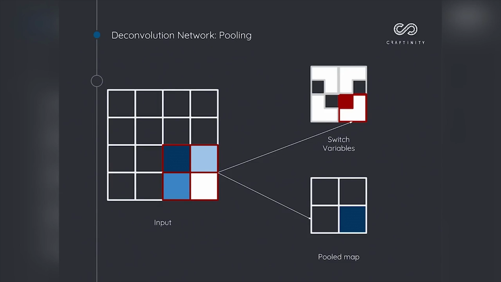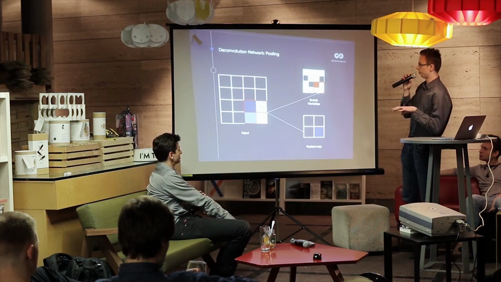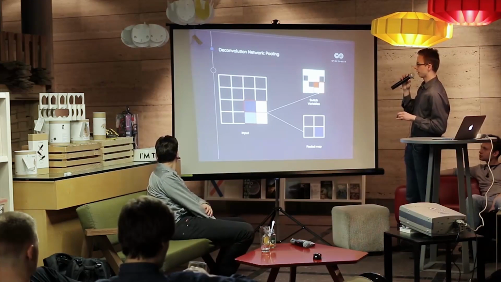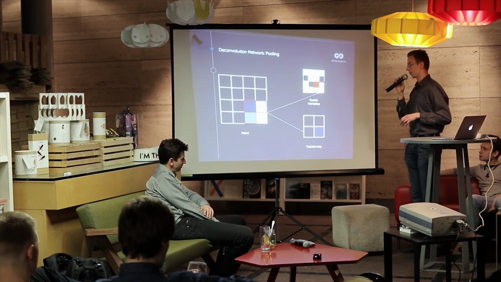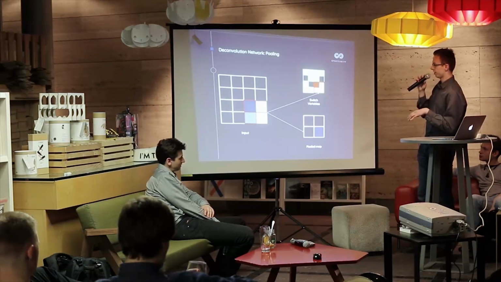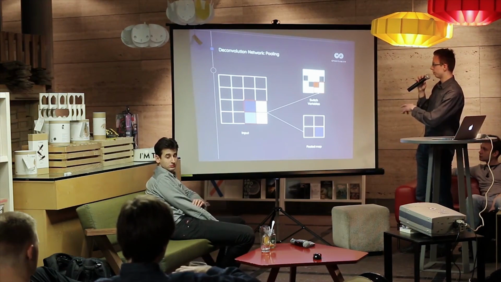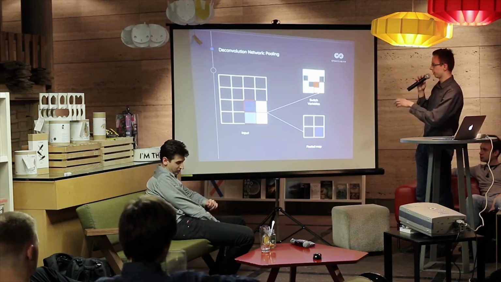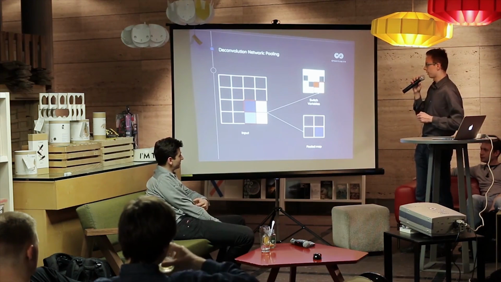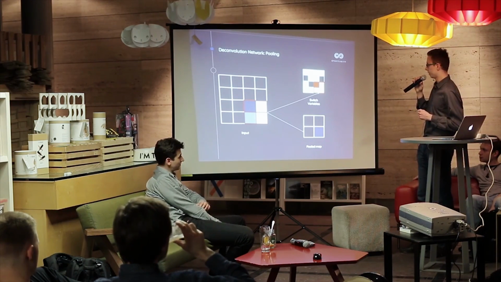So we can do unpooling this way. In pooling, we usually take some squares, take the maximum from the square and put it in the pooled map with some stride. Let's say it's stride 2, so we have a twice smaller output.